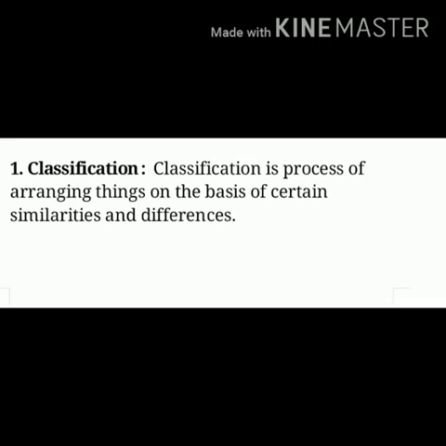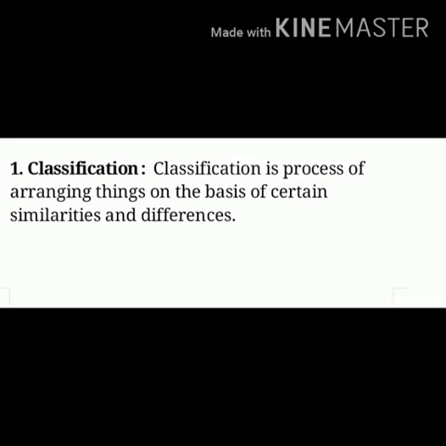They are different in shapes, color, and they have different properties. And it is very tough for us to study each object individually. So, we classify them into groups on the basis of certain similarities and dissimilarities, and this is known as classification.